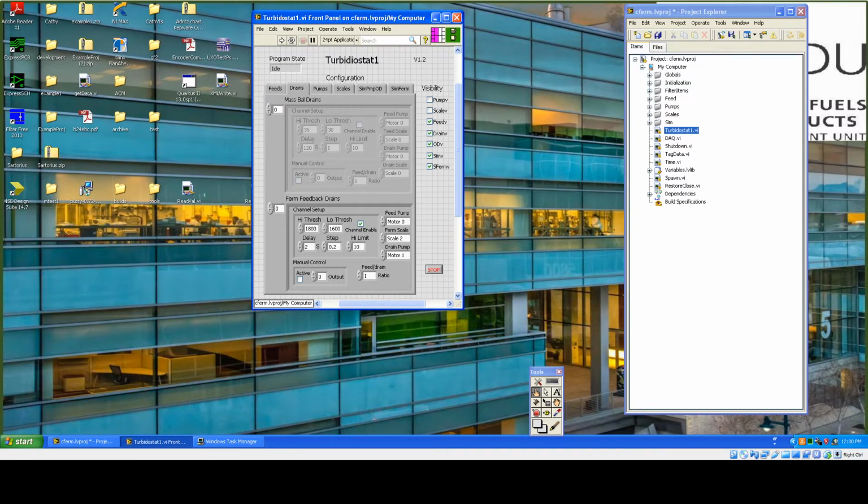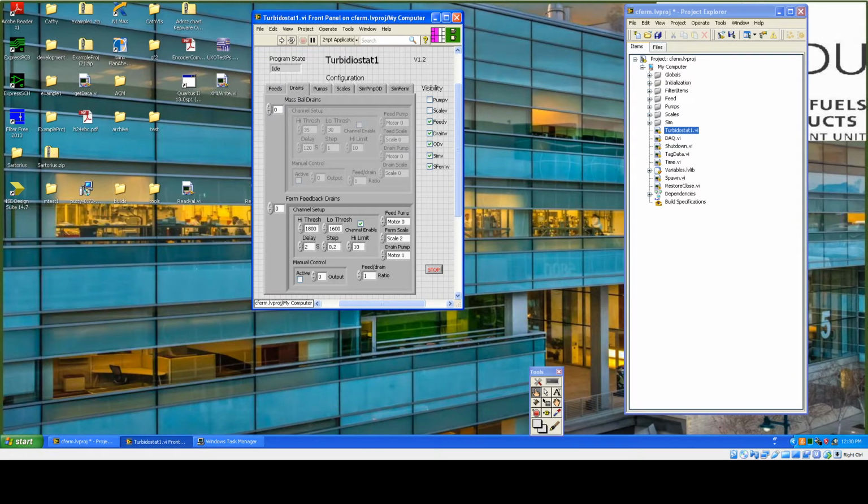And then a fermenter feedback VI, which directly measures the fermenter weight as well as the feed and drain.